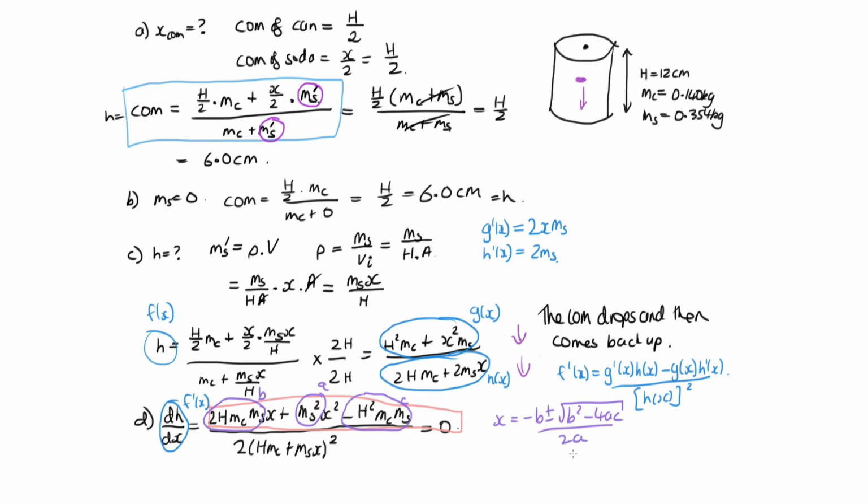So we can substitute these terms in here and then simplify it, and we end up with x is equal to the mass of the can times the height of the can over the mass of the soda times minus 1 plus the square root of 1 minus mass of the soda over the mass of the can.